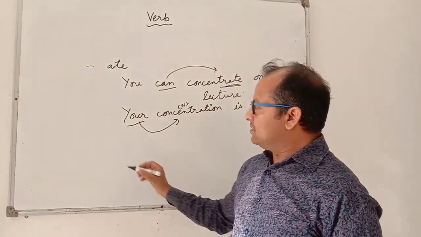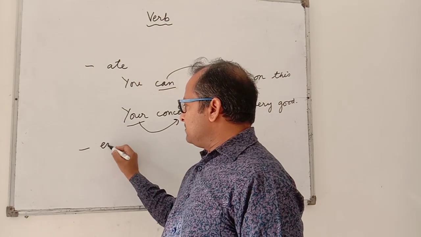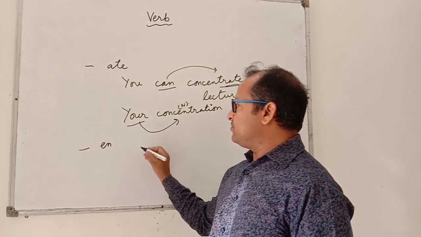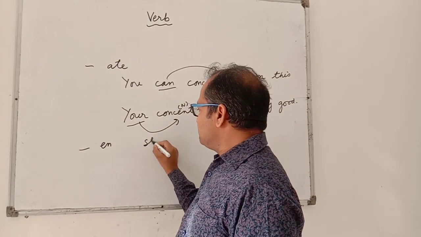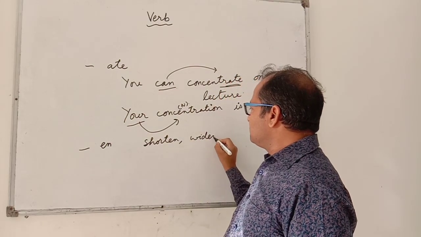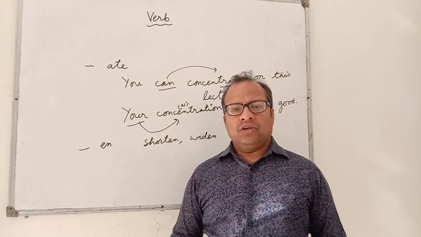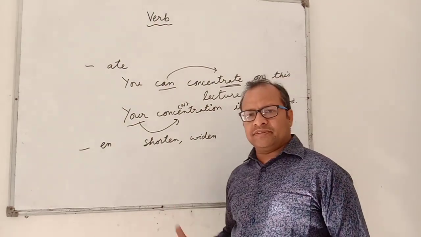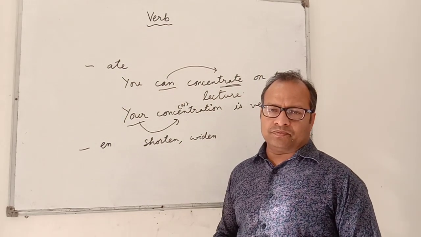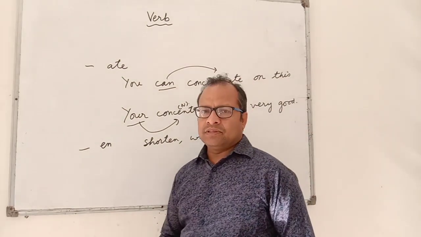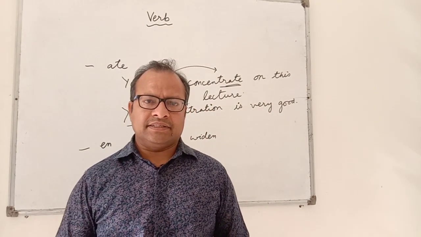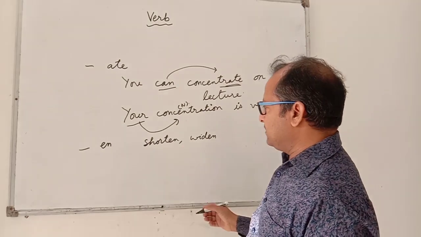And the last suffix will be en. If any word ends with en, it must be a verb in form, like shorten, widen, right? So if the word ends with the suffix en, it must be a verb in form. I hope you must have understood how the suffix can help you a lot in identifying. Let's take one more example of en.